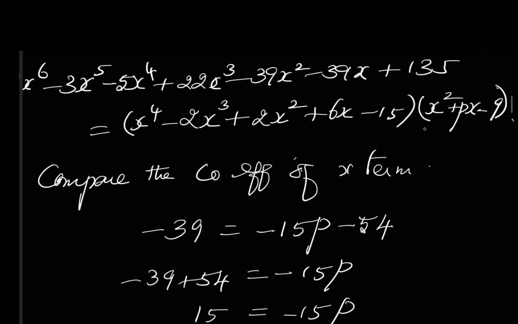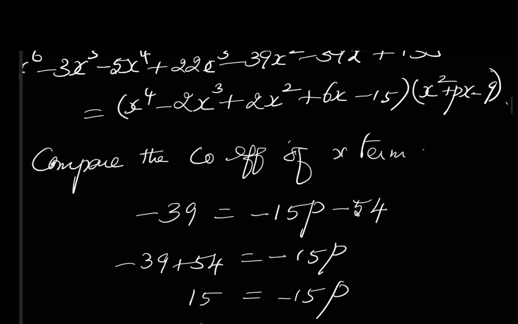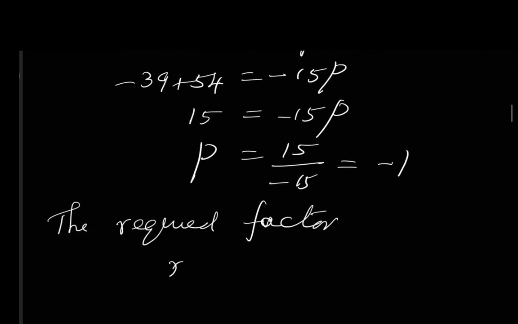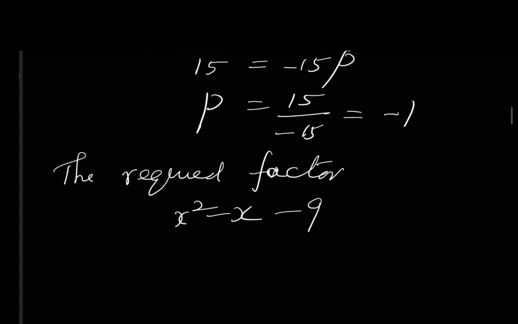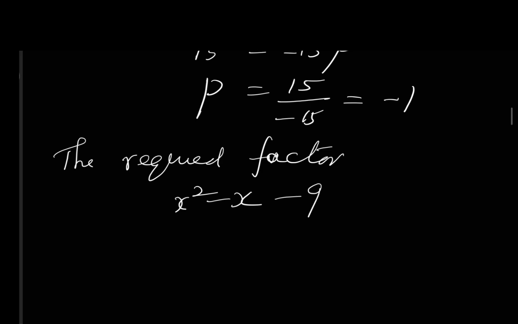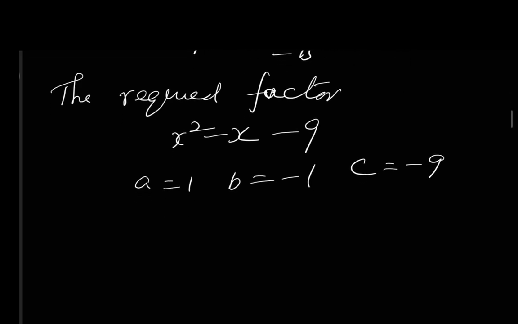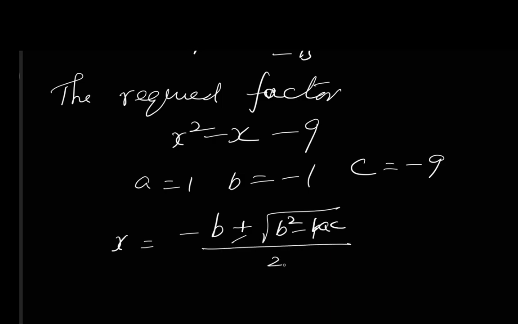So therefore the required factor is x squared, p is minus 1, so x squared minus x, next minus 9. I have to find the roots of this factor. Apply the formula: a is 1, b is minus 1, c is minus 9. So x equals minus b plus or minus root of b squared minus 4ac, by 2a.